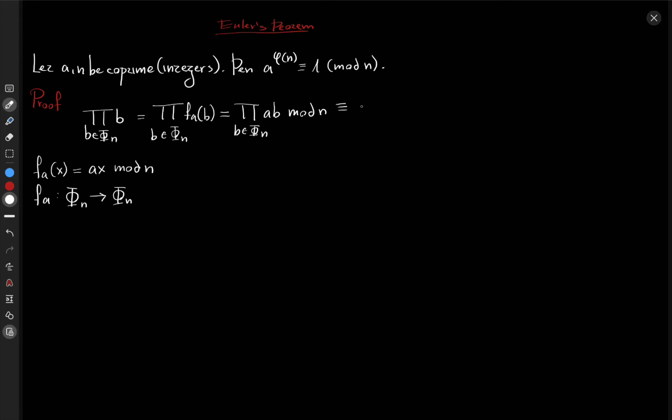This is congruent to the same thing without the modulo. That's simply a change of notation. And now we observe that we can write this, because a is invariant, it's always the same. So we can factor it out, and thus we obtain a to phi of n. It is that n times.